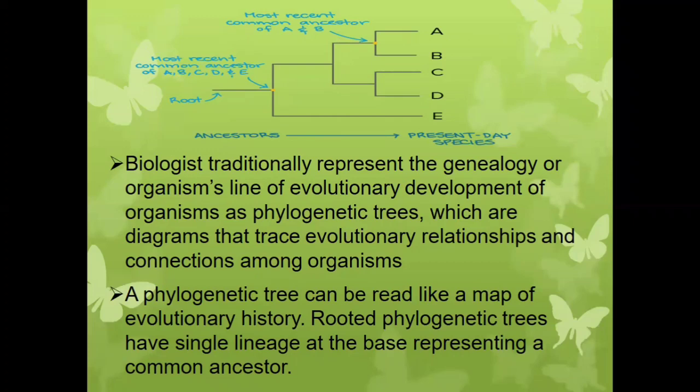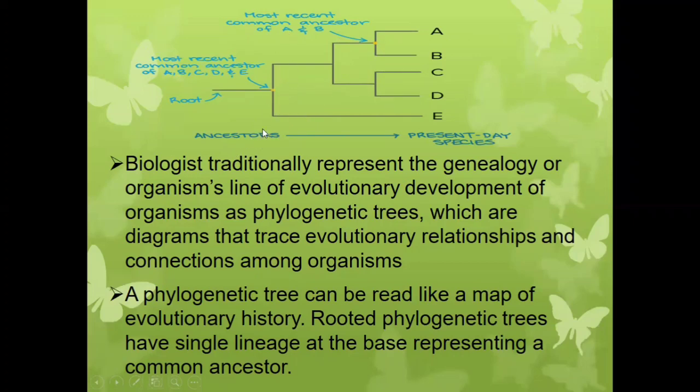A phylogenetic tree can be read like a map of evolutionary history. Rooted phylogenetic trees have a single lineage at the base representing a common ancestor. Alright? So, let's take a look again at my illustration here above.